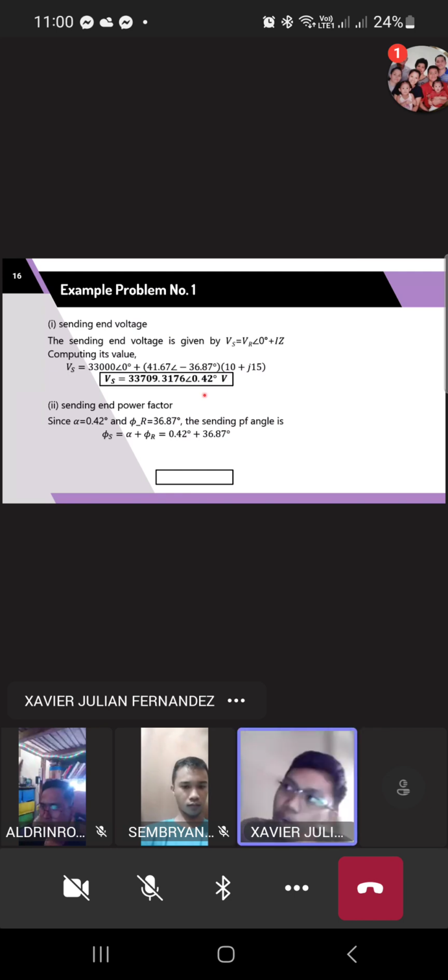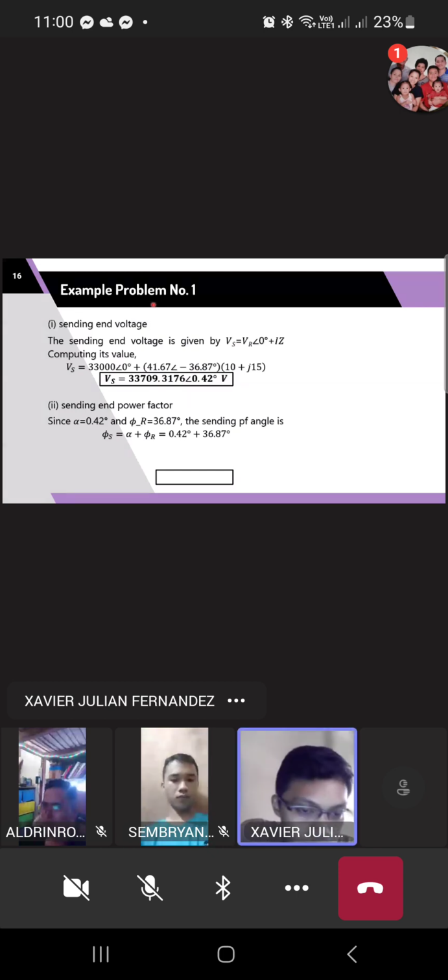Sorry, I stand corrected: the close-to-zero angle I mentioned is alpha, not the power factor angle itself. Please catch that in your head. The sending end power factor angle, denoted by phi s, is alpha plus the angle of your receiving end current.